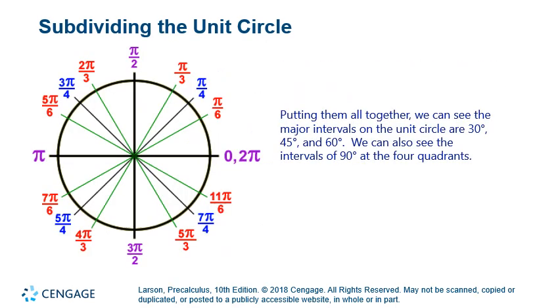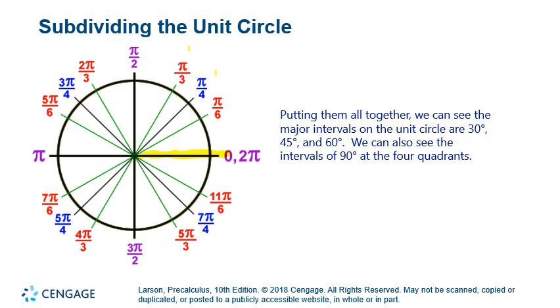So now once we put them all together, you get your unit circle intervals, where you have 30 degrees, 45 degrees, 60 degrees, and I'm going to highlight this here. I know you guys think I like my highlighter. So this would be 30 degrees, 45 degrees, and 60 degrees from here.